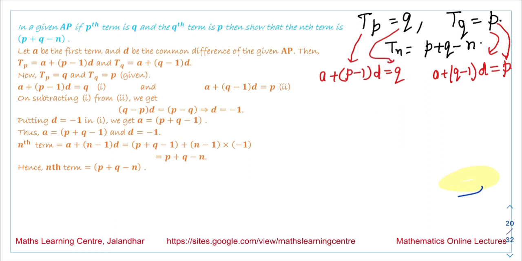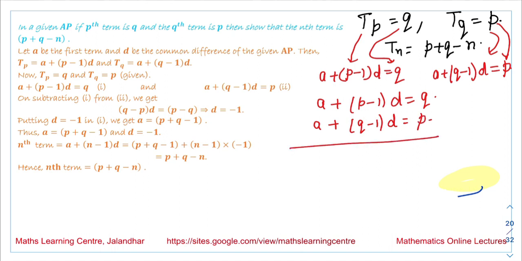Now, if we subtract both these equations, we are writing the equations again. It is a plus (p minus 1)d is equal to q, a plus (q minus 1)d is equal to p. We are subtracting both these equations. These two get cancelled. We are left with (p minus 1 minus q plus 1)d is equal to q minus p.